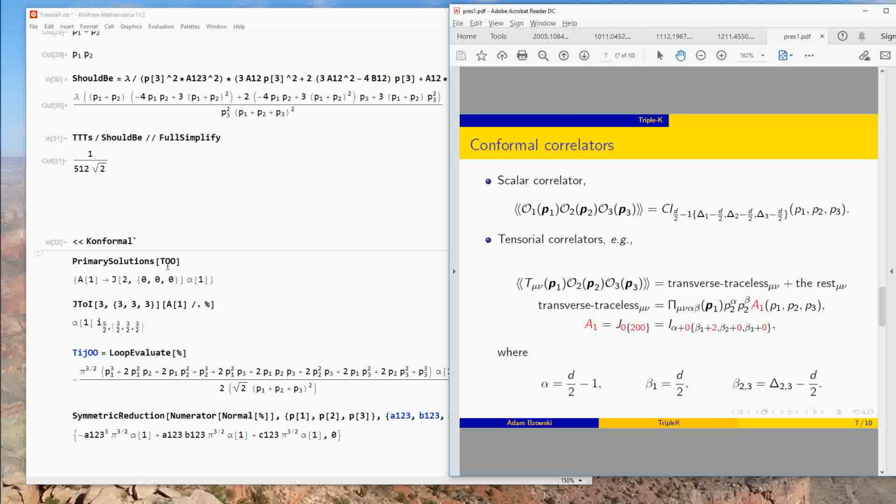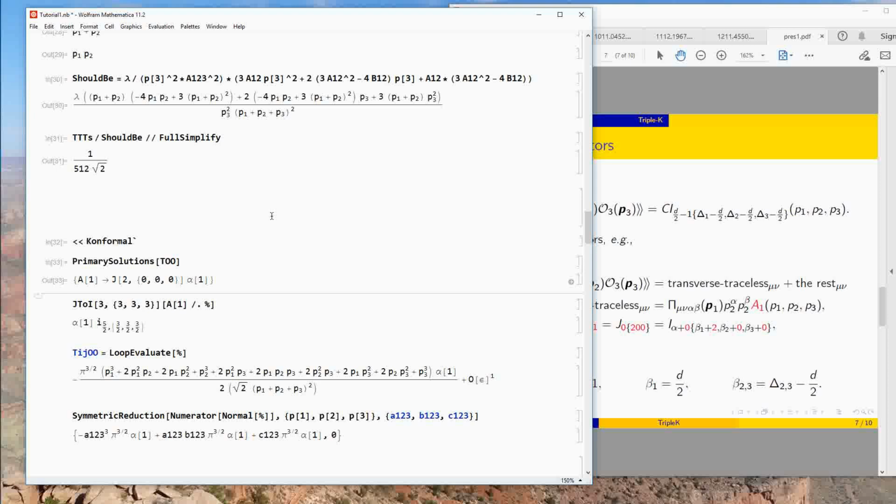And what the primary solutions of TOO give is exactly the list of all form factors. In this case, there's only one, and it is expressible in terms of TripleK integrals. And here alpha 1 is a constant. So this tells us that A1 is equal to this integral times alpha 1. So it's exactly what's written here.